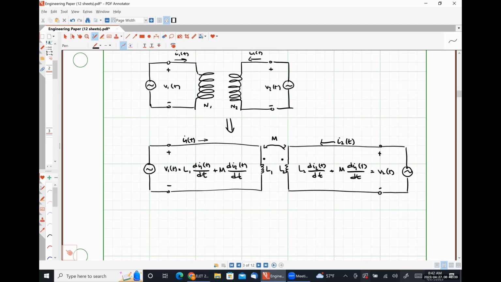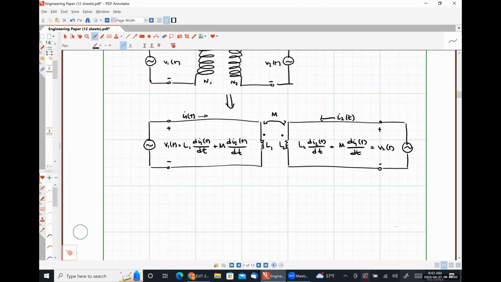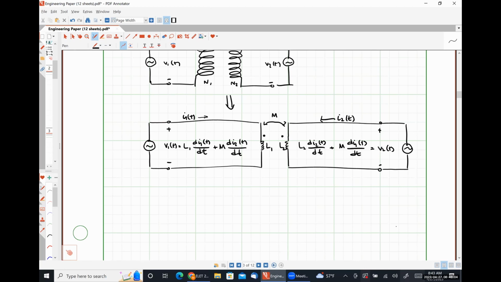What we're really going to be keeping track of now is the direction of the current, whether it's flowing into the dotted terminal or into the undotted terminal, and whether we have defined the positive polarity of the voltage as the same as the dotted terminal or the undotted terminal, okay? So we're going to go through the rules here.